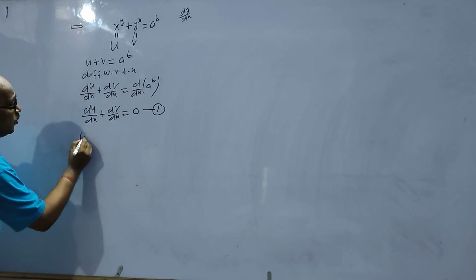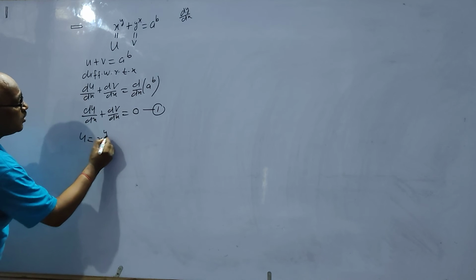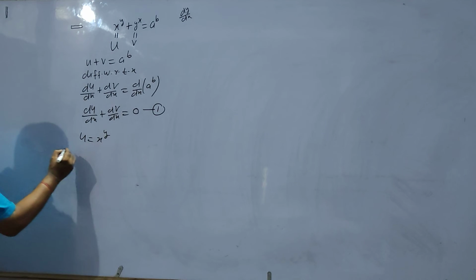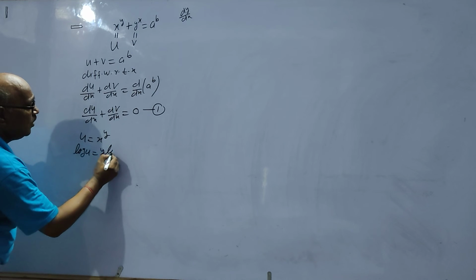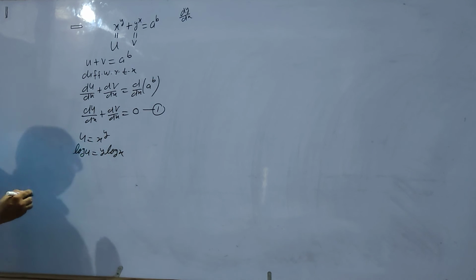Now here u is equal to x to the power y. Taking log of both the sides, log u is equal to y times log x.